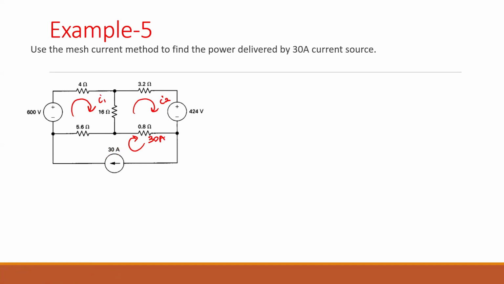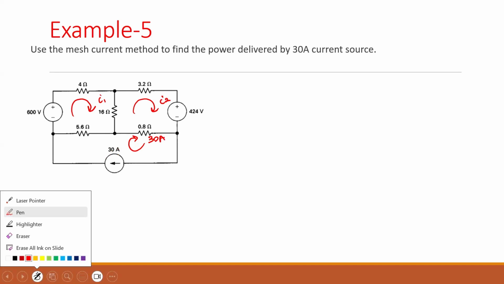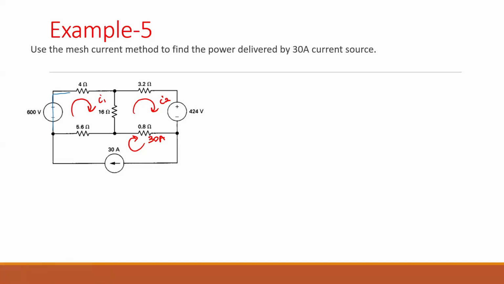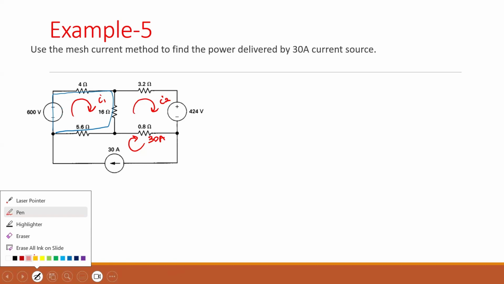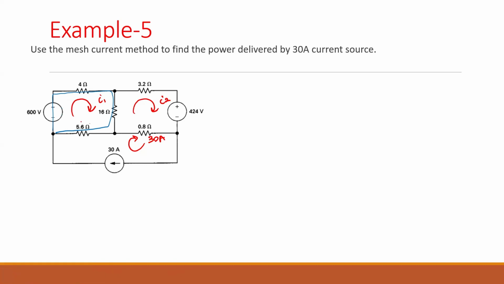I will tell you an easy method to do this. So you may have already figured it out. If you consider this mesh here, I'm going in the clockwise direction. So you can say, without writing many steps, when you add all of these together, that will be 25.6 ohms times I1.